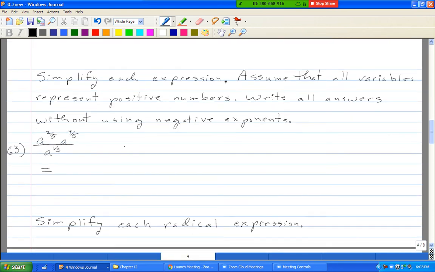Okay, so let me do a to the 2/5 times a to the 4/5 divided by a to the 1/5. So I have here the same base. Since I'm multiplying, I'll just add exponents. Well, 2/5 plus 4/5 is 6/5.